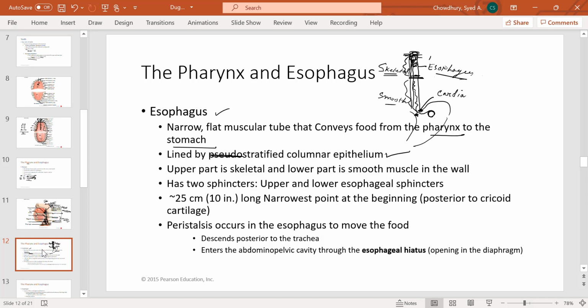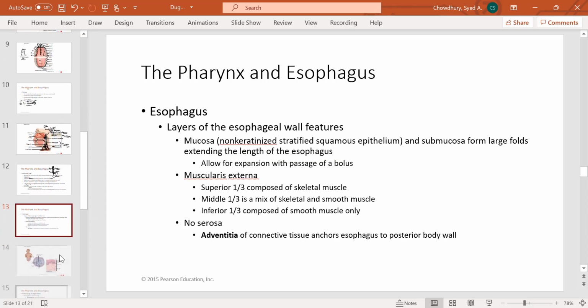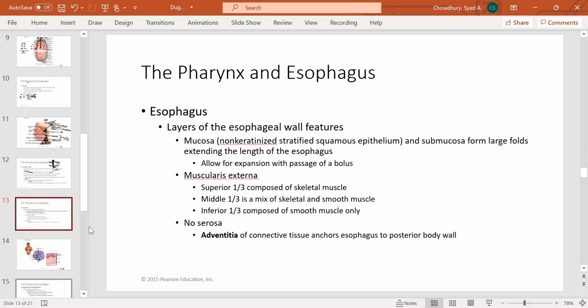At the upper end you have the upper esophageal, and the lower end you have the lower esophageal sphincter. It is about 10 inches long, 25 centimeter, and then peristalsis is the type of wave-like movement that moves the food very fast. Okay.